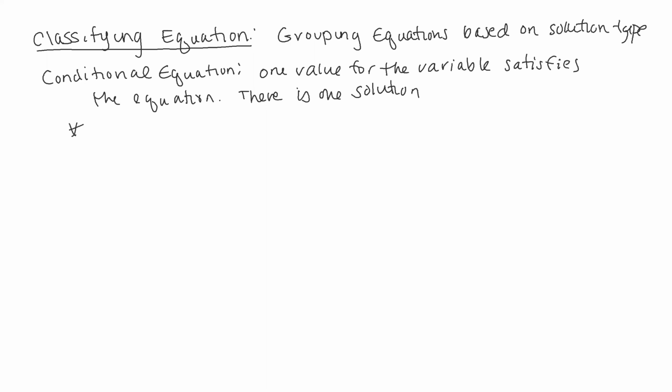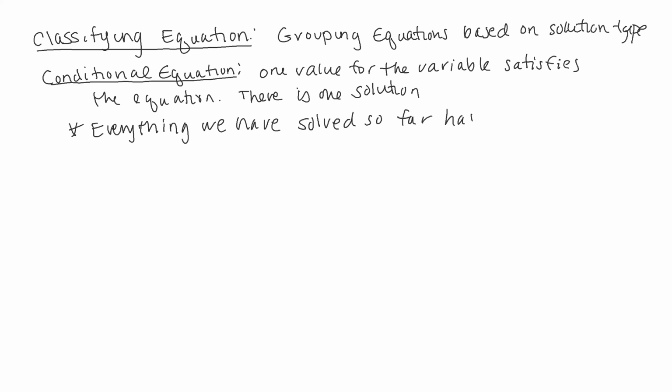And just a little hint, everything we've solved so far has been a conditional equation. Okay, so the typical equation for this section, it's going to be a conditional equation. The two special types are called an identity and a contradiction. So let's look at identities first.